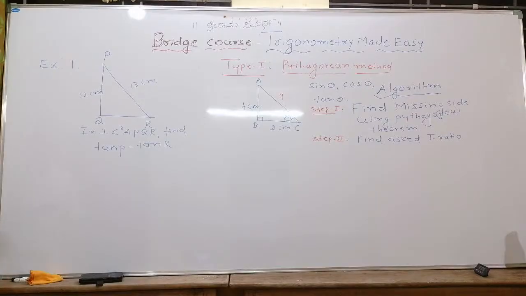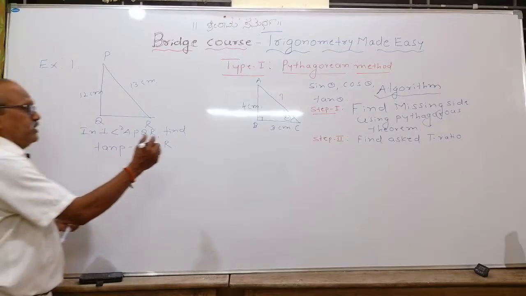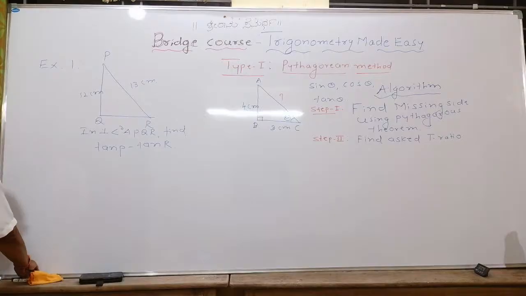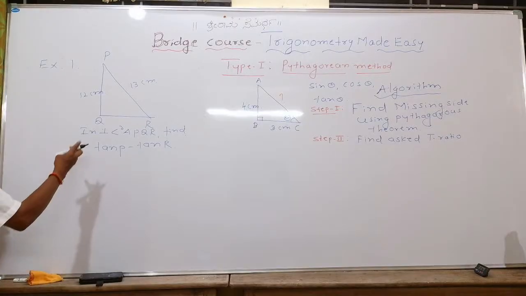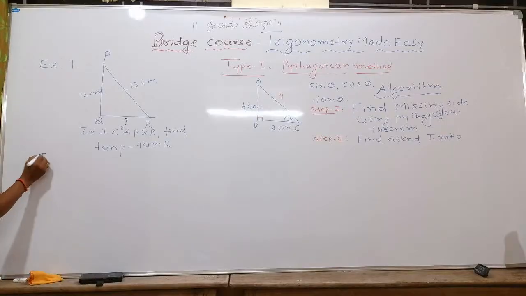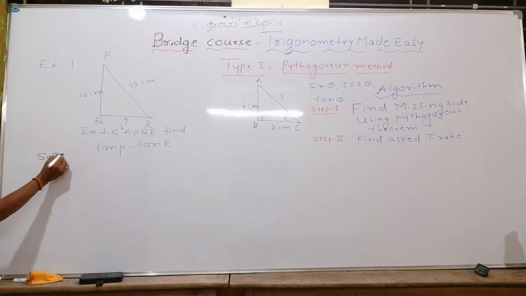This is the problem, and you know the algorithm. What is the first step in it? First step is you have to find out the unknown side. Which is the unknown side here? This side. How do you get the solution? I already told you the trick.